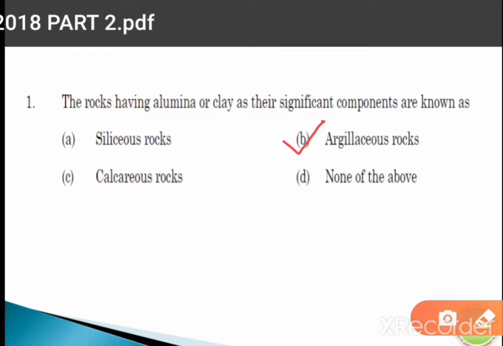These rocks are made of clay, and such rocks are formed in the sea or lakes. If silicon is the significant component, then the rock is defined as siliceous rock. If calcium is the significant component, then the rock is known as calcareous rock.